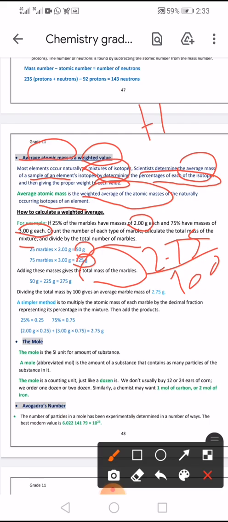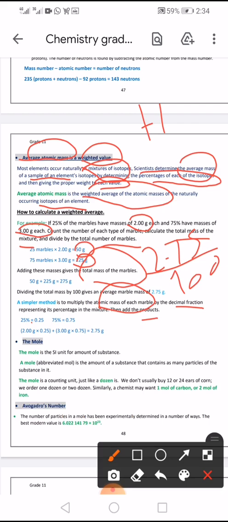We have another simple method to get the average atomic mass: multiply the mass of each marble by the decimal fraction representing its percentage in the mixture, then add the products. For example, 25 divided by 100 gives 0.25, and 75 divided by 100 gives 0.75.